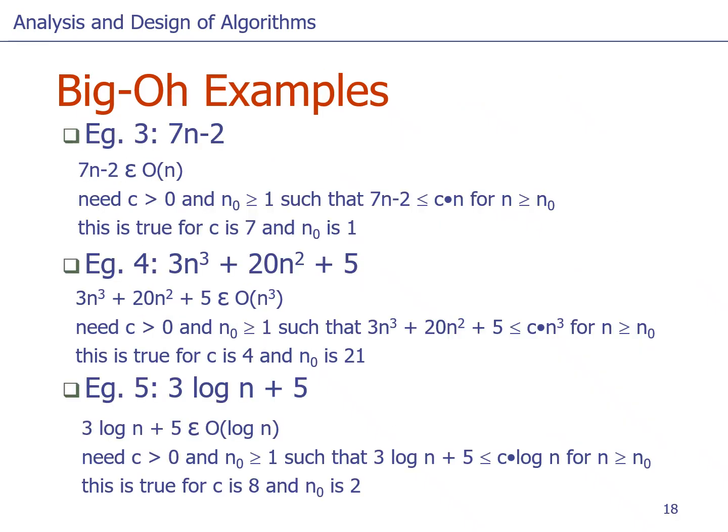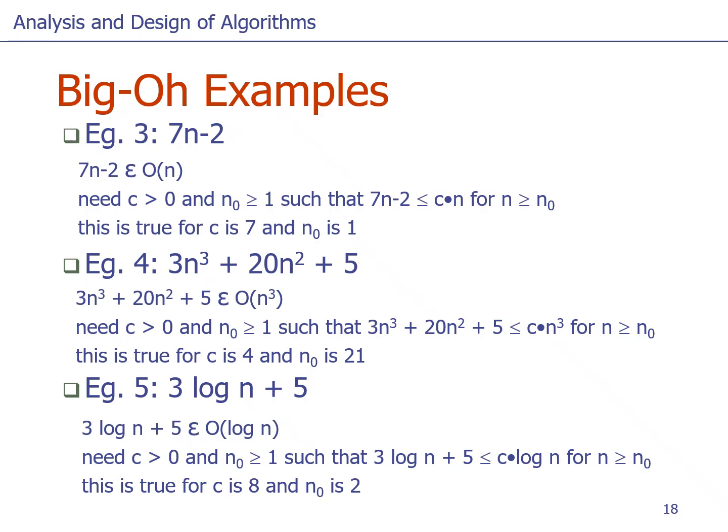so let's look at the examples where we try to prove formally that a given term is in some big O. Considering example 3, I have 7n minus 2, and I know intuitively this is O of n, but let's prove it formally. So formally, this means I want to find c and n naught. So if I set c to 7 and n naught to 1, then I'm really talking about 7n minus 2 being in big O of 7n.